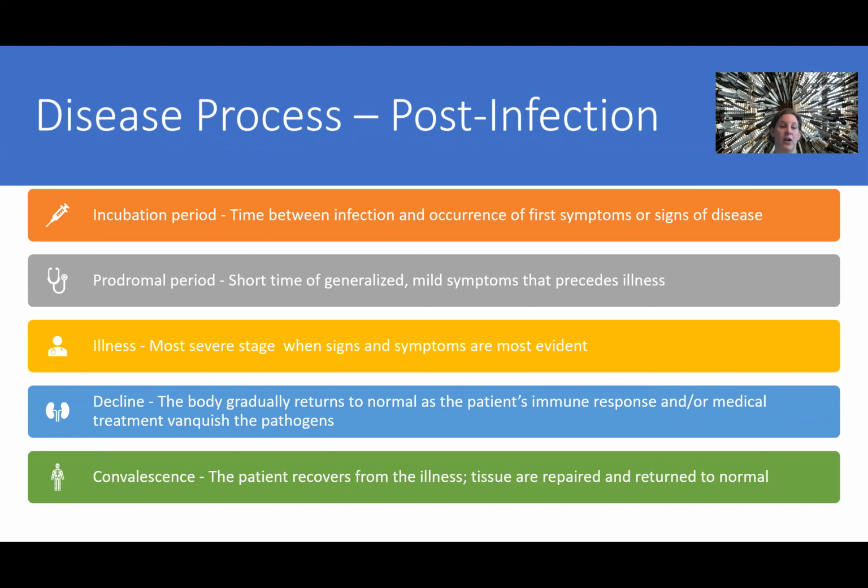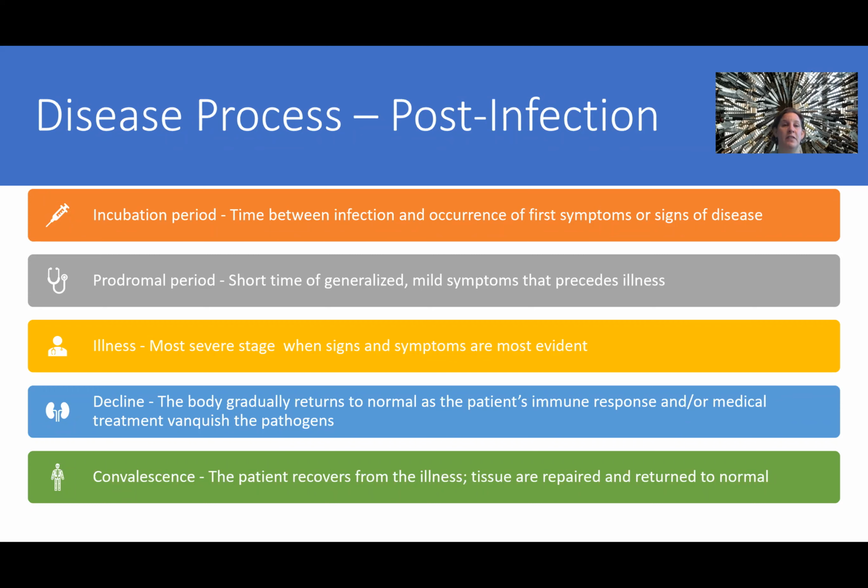And so your body is trying to return to normal. And convalescence: the pathogens are gone, but the damage that they did, in terms of extracellular enzymes, toxins, and tissue damage from those kinds of things, needs to be repaired. So your body is not completely back to normal, but you are no longer infected.